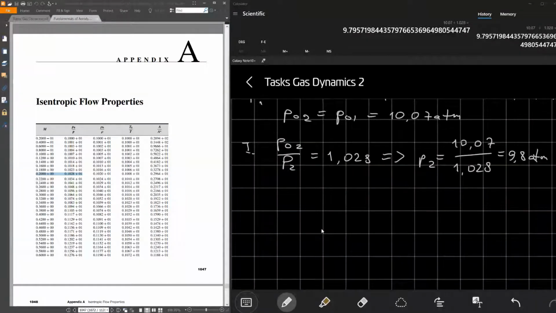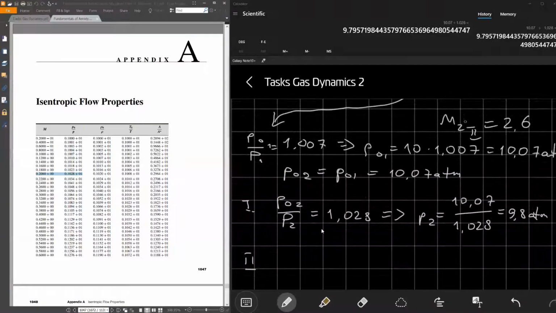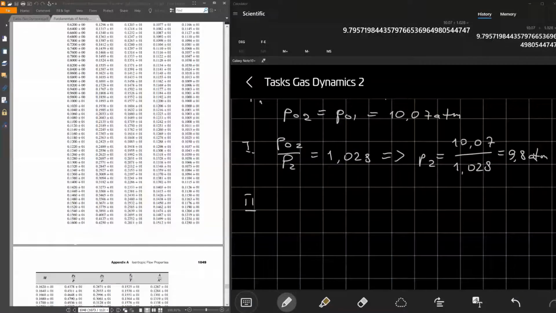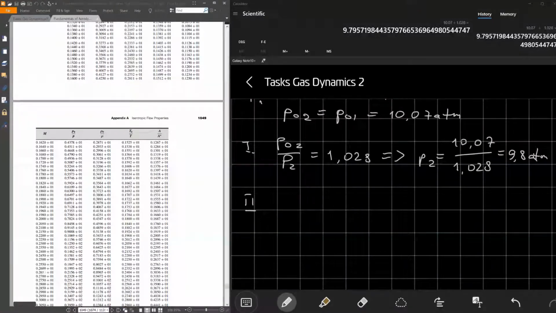Now we calculate the same thing for the supersonic section. For the supersonic section, where we had Mach 2.6, I find in my Appendix A 2.6. This is it. We confirm again that it's our case. It's again area ratio 2.9, right? So this is the pressure ratio, 19.95, almost 20. So let's assume it's equal to 20. So I will write that P02 divided by pressure 2 in the supersonic case is 20, according to our table.